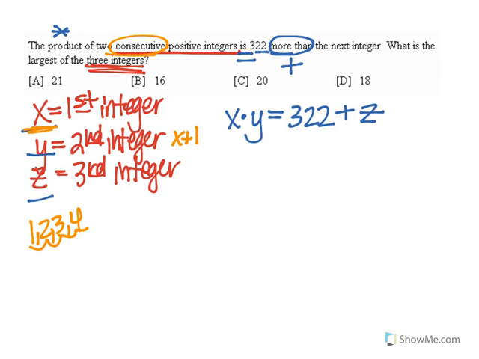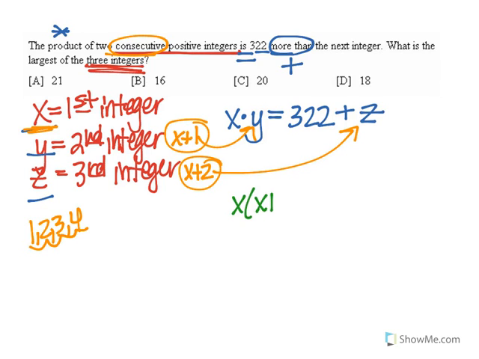Alright, and that means the third integer is x plus 2. So I'm going to substitute these into my equation and write a new equation. Now I have x times x plus 1 equals 322 plus x plus 2.